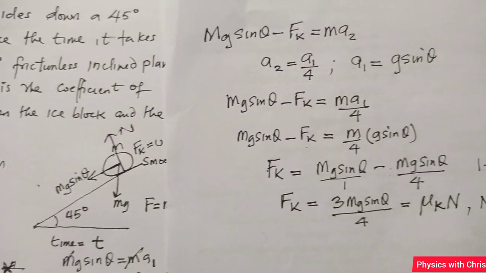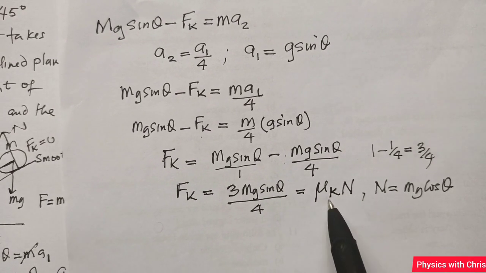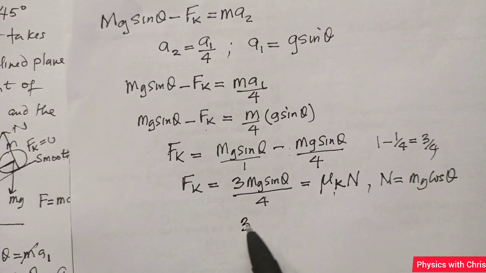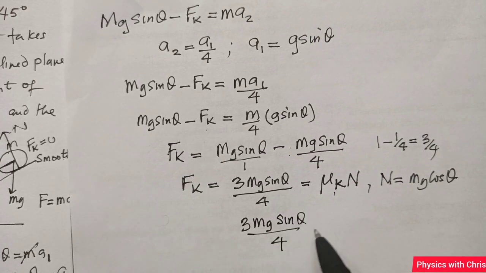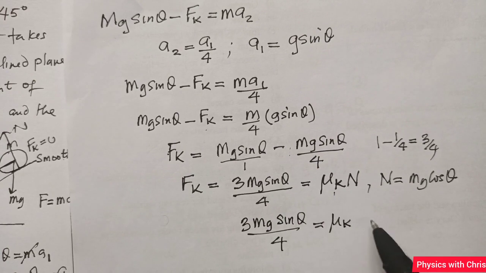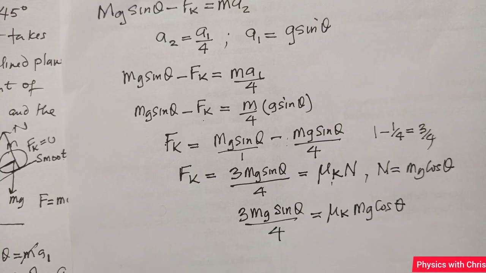So we continue from there. I have 3 mg over 4 sine theta equals mu k times mg cos theta.